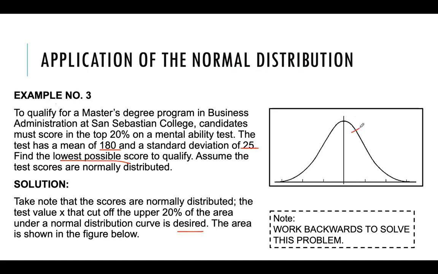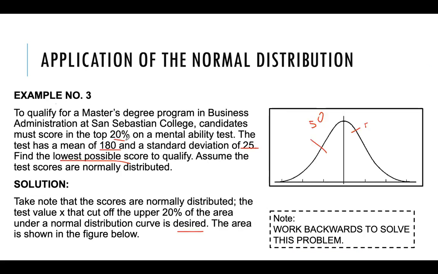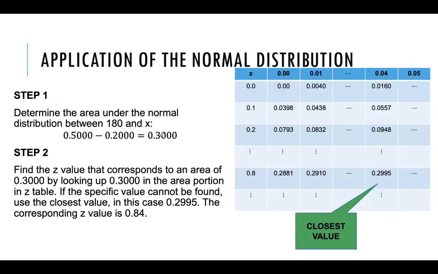Sorry, for the lowest possible score, so 0.50 minus 0.2000, because 20%. Candidates must score in the top 20%. So we will get 0.3000.